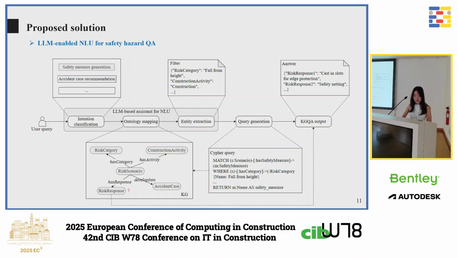And finally, we parse these JSON files and generate the Cypher query. Here the Cypher query is to match all of the risk responses which satisfy each of the constraints in the filter, so it will return the responses in the database.